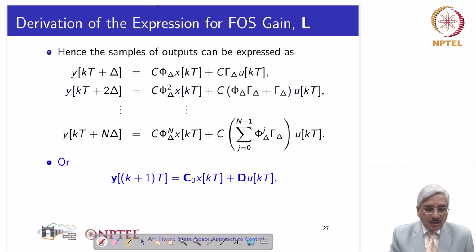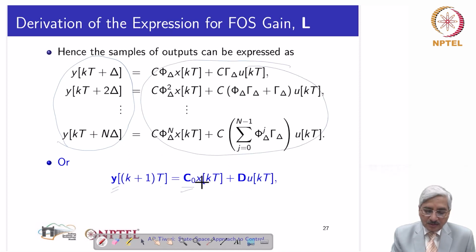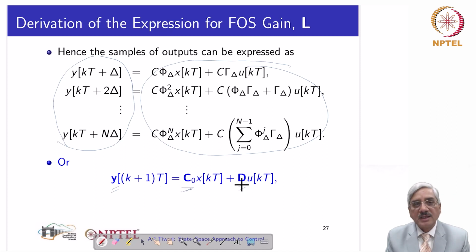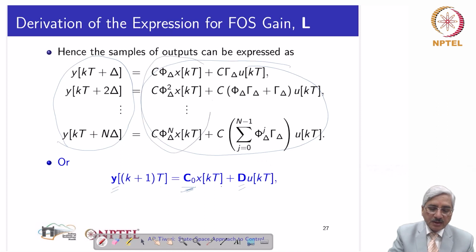And if we collect them together, this is the boldface y, y((k+1)T), which is a concise form of representing this side. The values of this boldface C0 and D will be next. So this is equal to C0 x(kT) plus D u(kT), and C0 will follow from here.